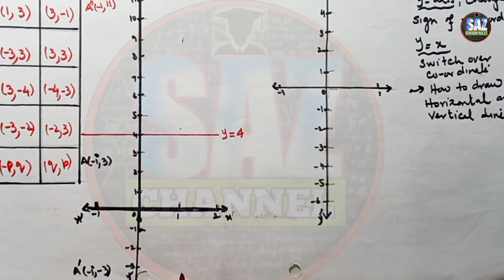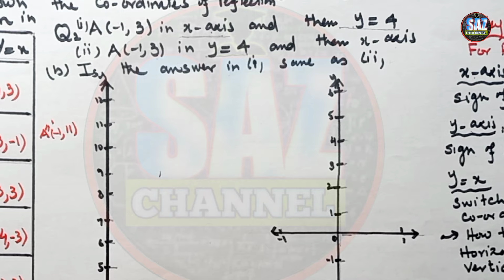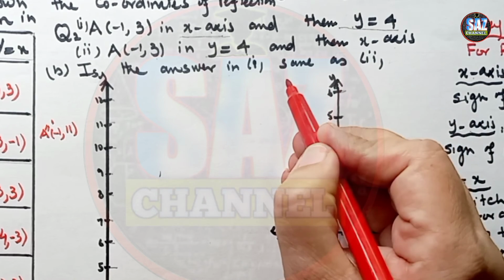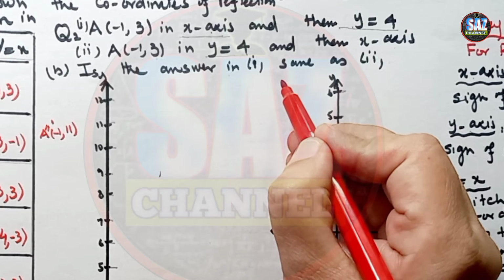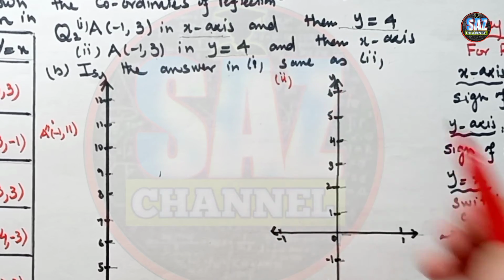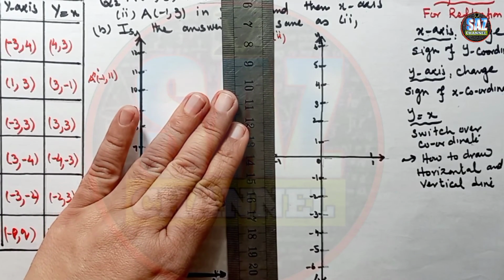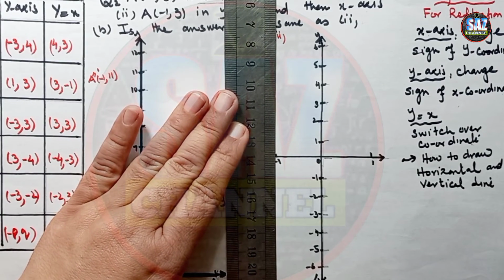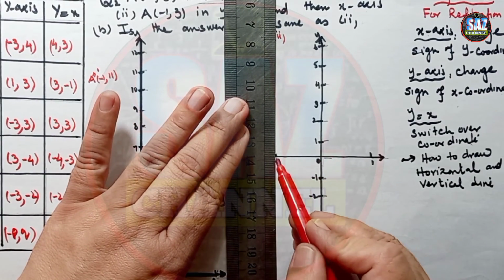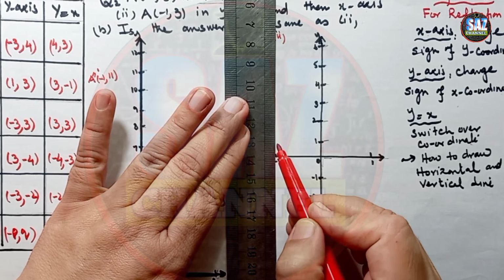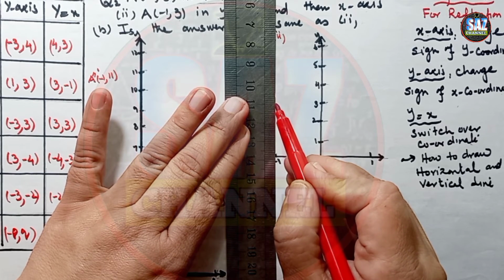Now the second part says that we have to reflect (-1, 3) first in the line y equals 4. Again, for the second part, the object is the same, so I have to mark (-1, 3). Reach x equals -1 and start moving towards 3.